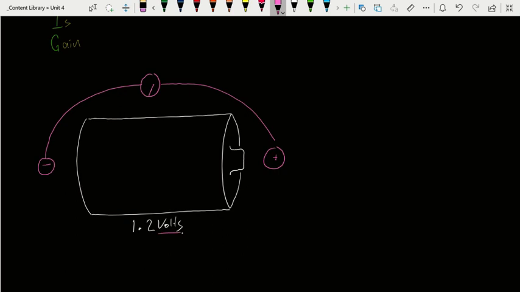Volts describes potential. It doesn't describe the flow of current, but rather the desire the electrons have to flow, right? And in a typical battery, all you really have are two different ions that have different electronegativities. One wants electrons more than the other.